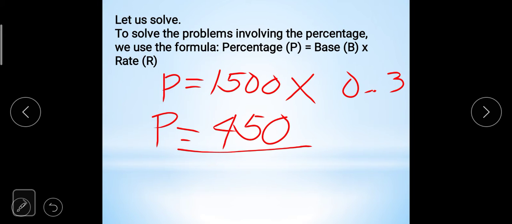Okay, so magkano na lang po yung babayaran? 1,500 minus 450. 450 is the amount na ibabawas natin dun sa original price.